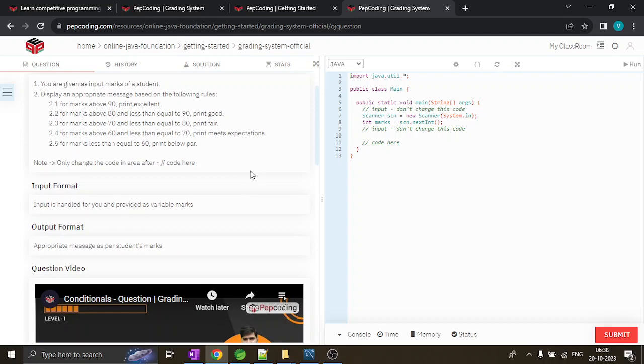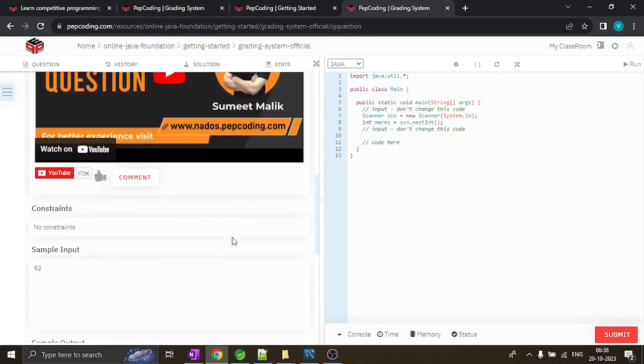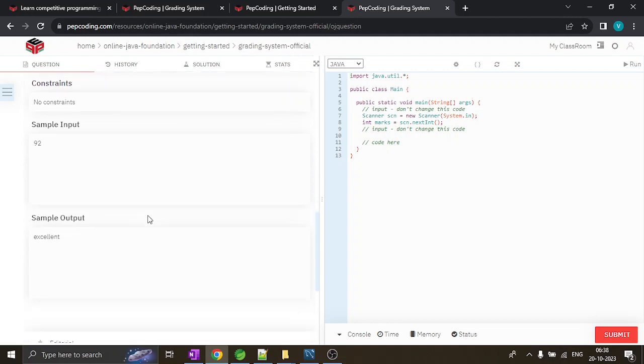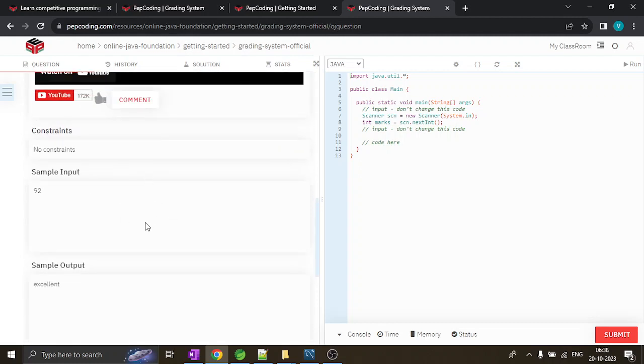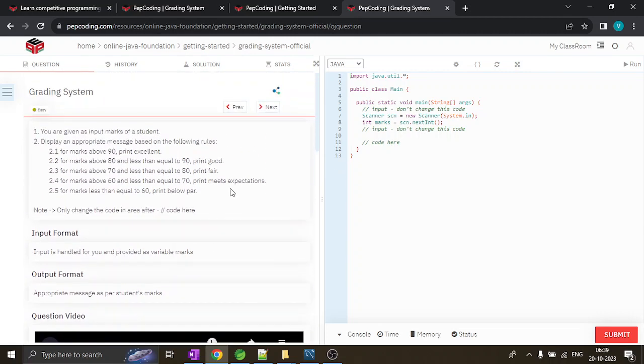Okay, so let us see the sample inputs and outputs that we are getting. So the basic thinking behind this problem is to check if we have command over the conditional if else statement.